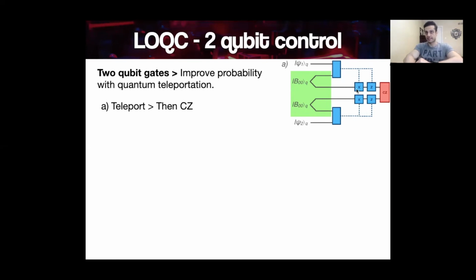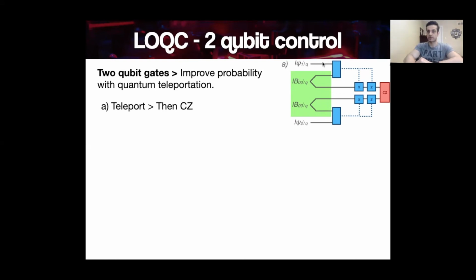Remember, use the classical communication to determine whether an X or a Z needs to be applied, and then use the controlled Z gate. So all this stuff in blue is just the teleportation protocol. This is using the Bell state, the entangled state here, and applying an X or a Z or both to teleport the qubit from here to here, okay?